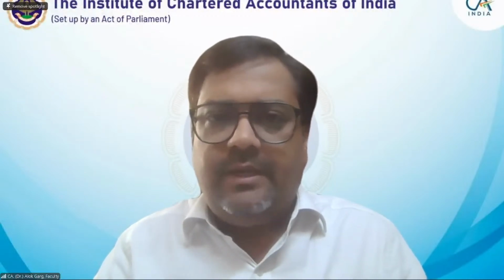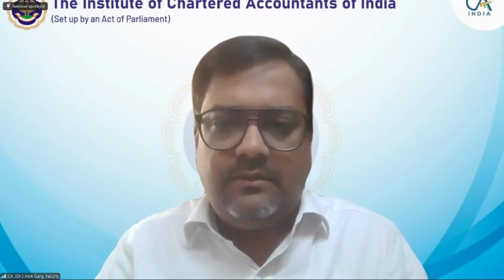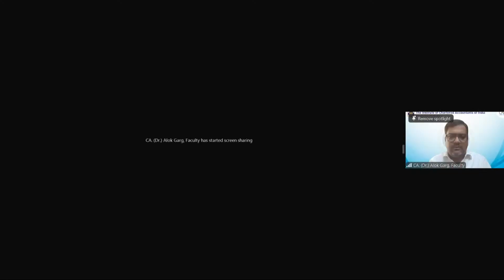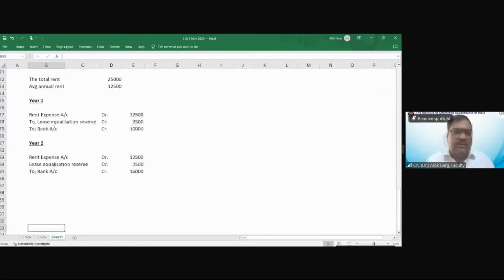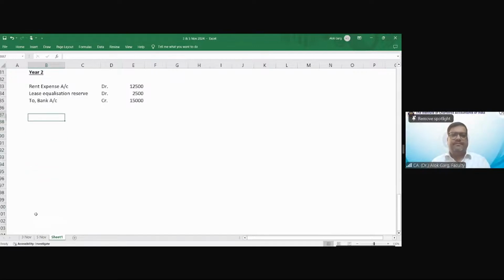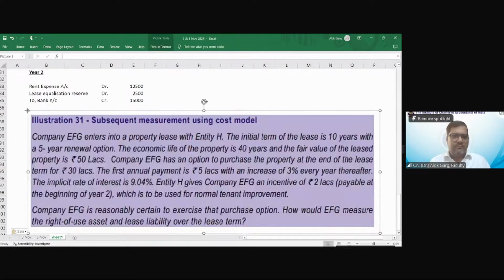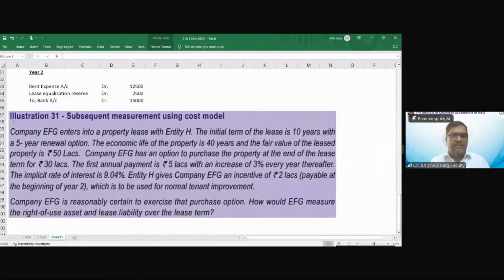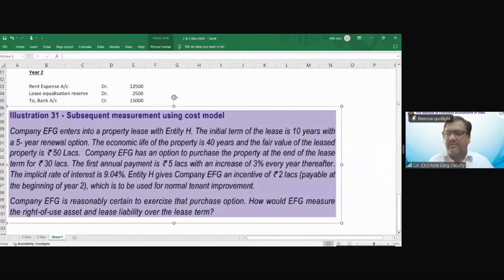Let me know if my Excel is visible. Illustration number 31. I hope this illustration number 31 is visible to everyone.